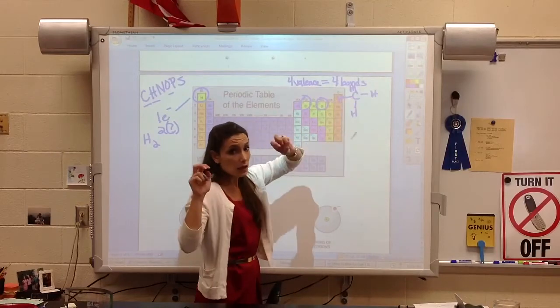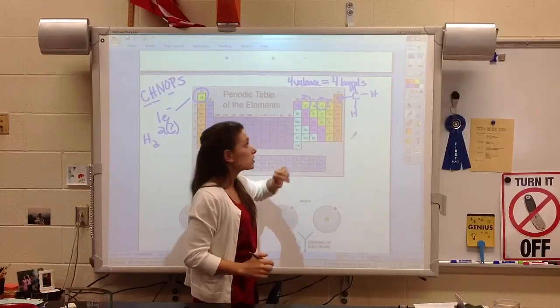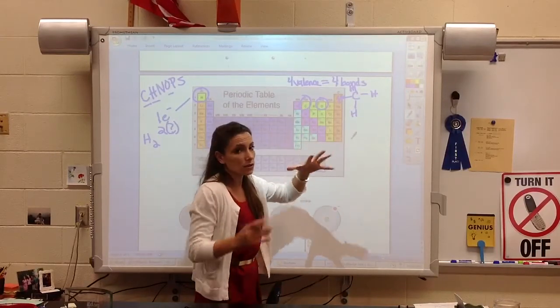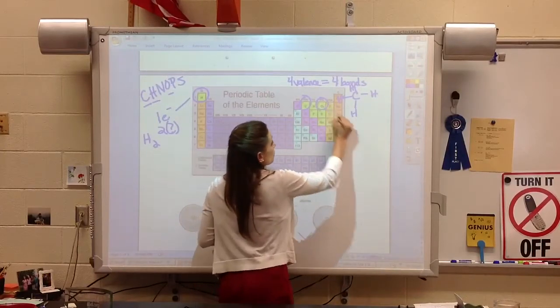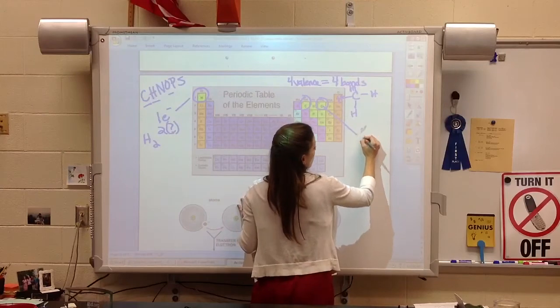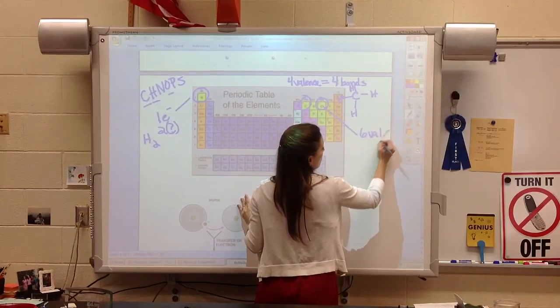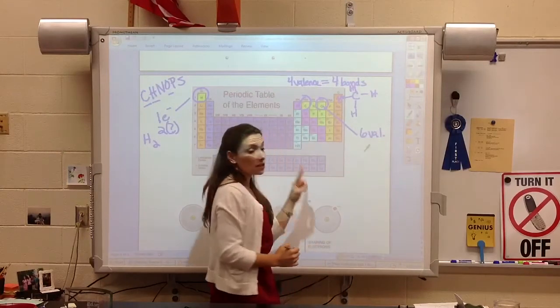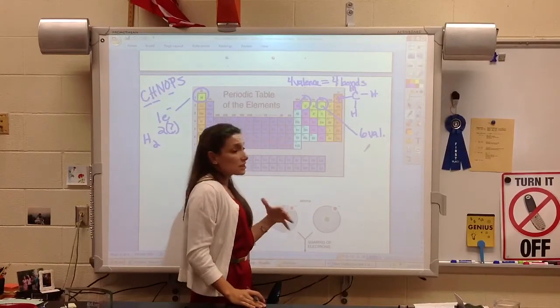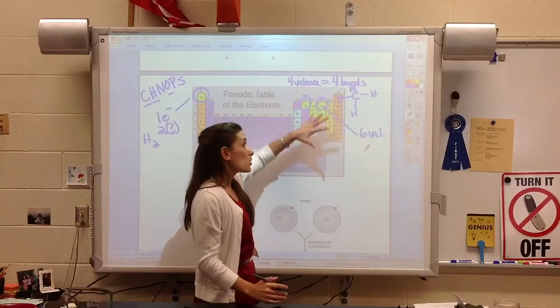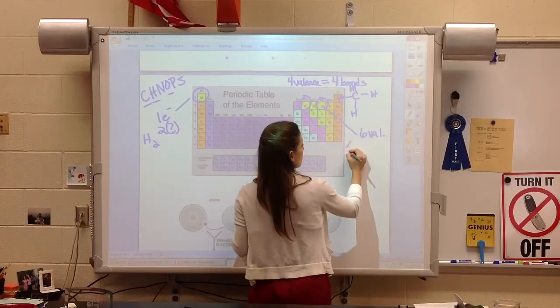Carbon's happy, hydrogen's happy. And so carbon is in the middle. It's not really aggressive about giving or taking. But who is oxygen? Oxygen has 6 valence electrons, which means it just needs 2. So it's very aggressive, very active. What we call that is electronegativity.